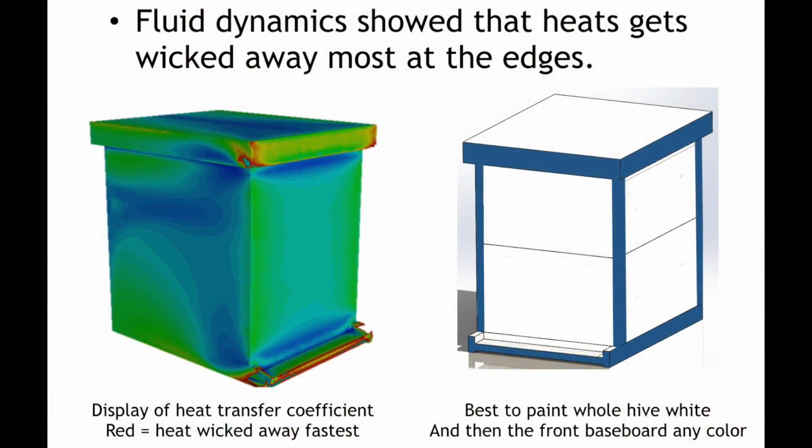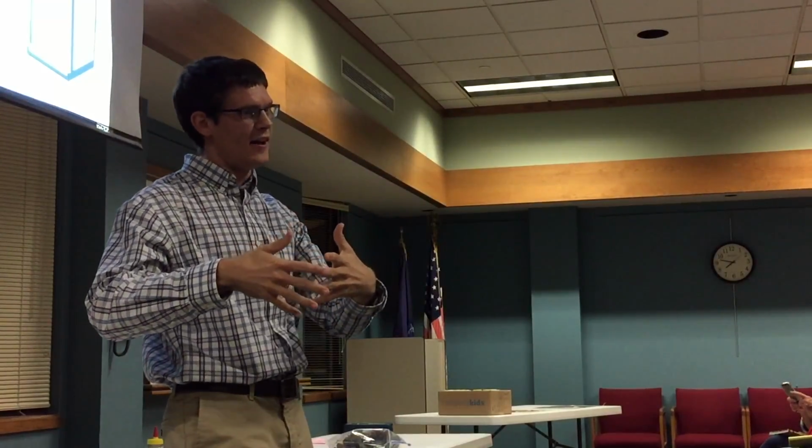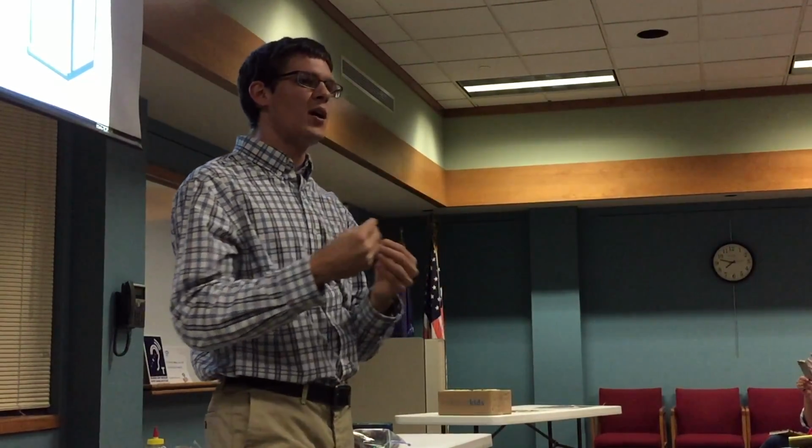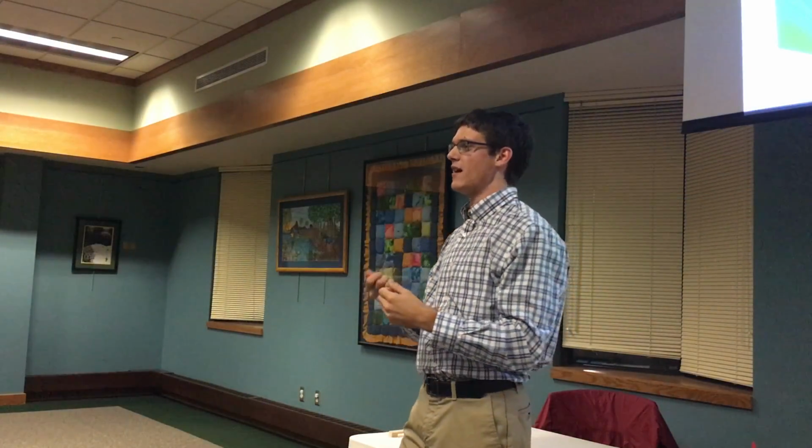So one of the cool things was that I looked at how heat gets wicked away from the hive surface. It's very simple. It's again air flowing over a box. But on this left, I have not a painted beehive, but a fluid dynamics diagram, where the color represents how easy it is for heat to get wicked away from a hive surface.